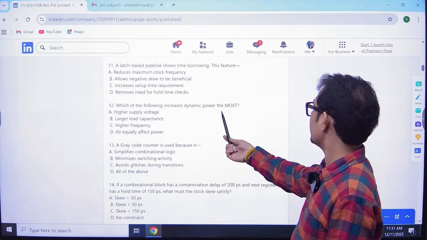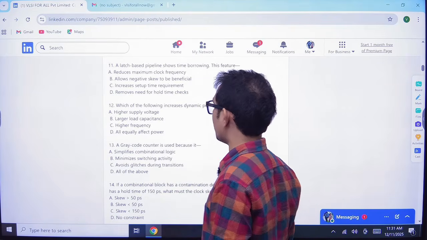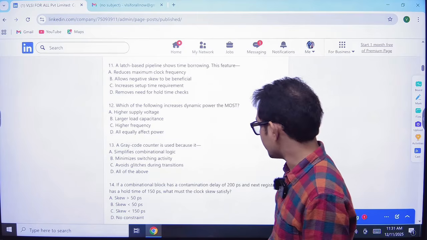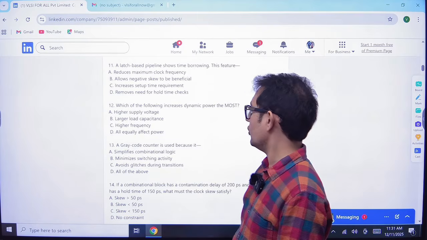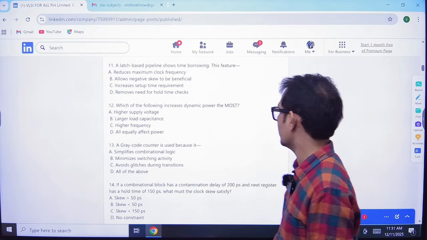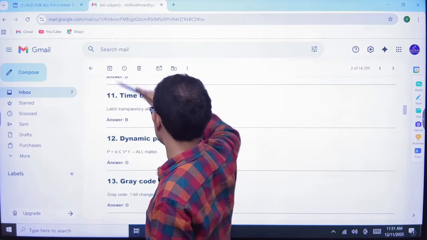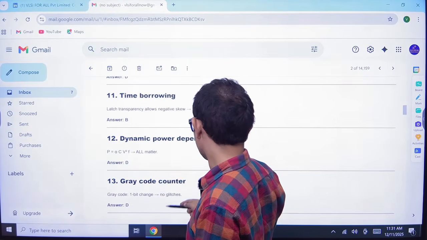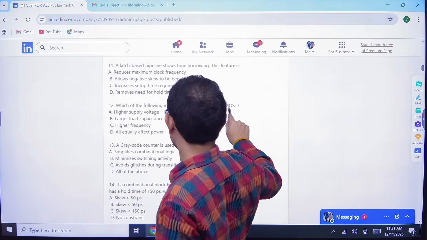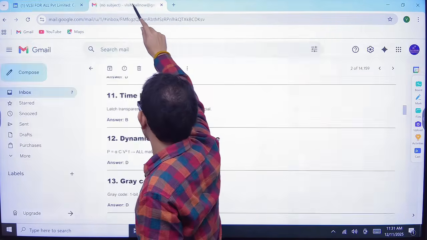Which of the following increases dynamic power the most? High supply voltage, larger capacitor value, or frequency? Power is half CV squared times F, so V squared. All equally is not correct, I guess. First one is the answer. Okay, all matter, but it is asking for the most.